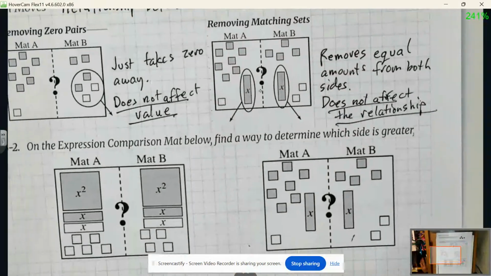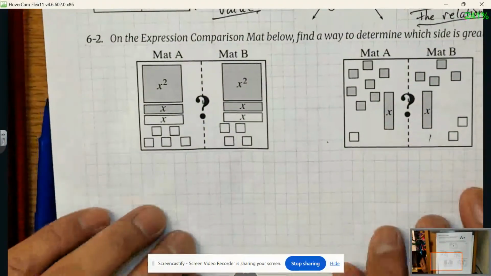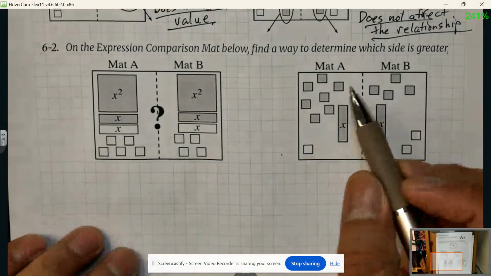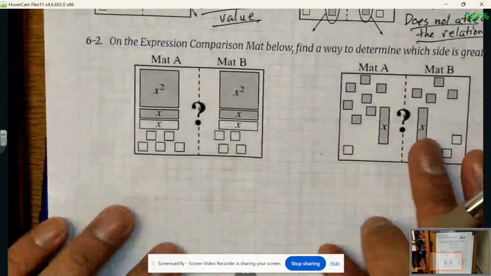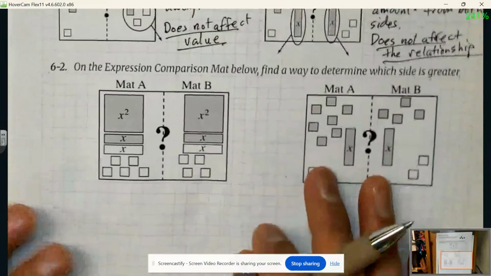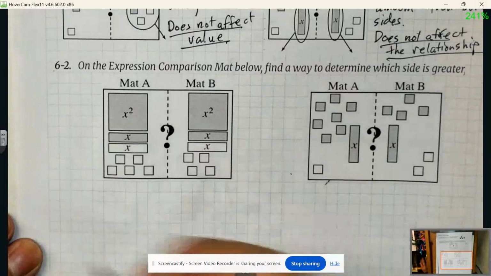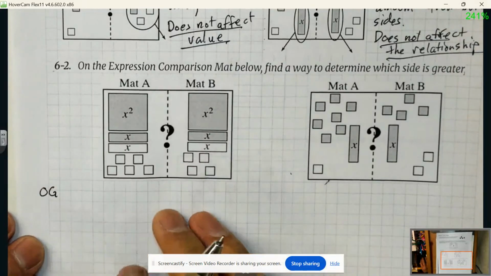Okay, so let's look at this first example. On the comparison mat, find a way to determine which one is bigger. So first thing we're going to do is state, well, what is the original value? We're just going to call that the OG value.